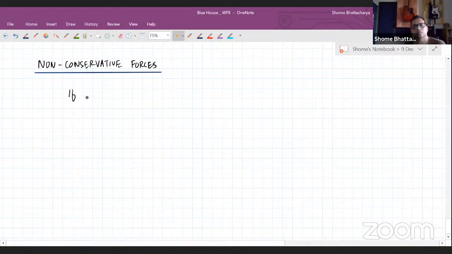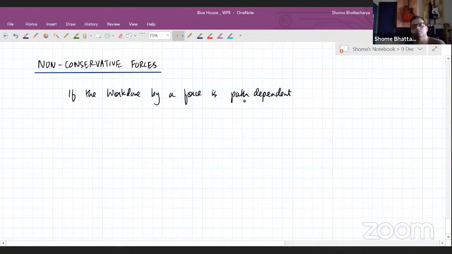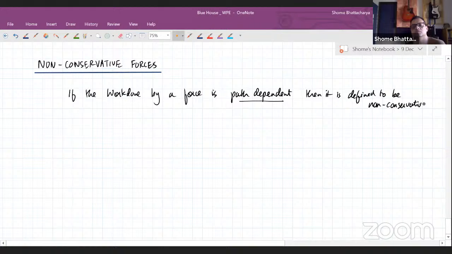So, if the work done by a force is path dependent, okay, then it is defined to be non-conservative. And work done by a non-conservative force in a round trip is non-zero.